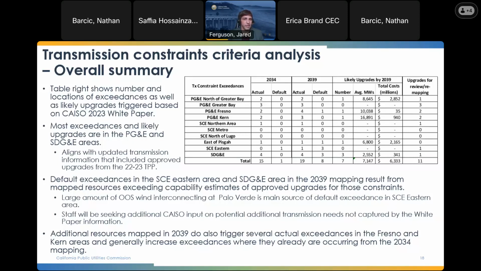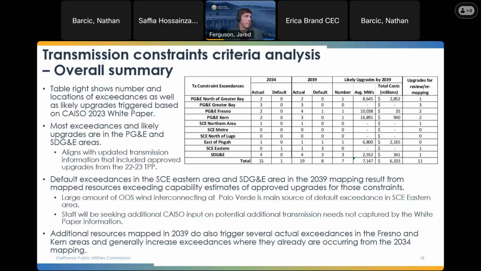So in these areas we will be seeking more information from the ISO staff on what's available, and also we'll be assessing whether we need to remap resources from this area so we're not causing exceedances in this area. And that's also impactful in terms of whether there are other locations to remap to that still align with our criteria and also have better transmission availability.